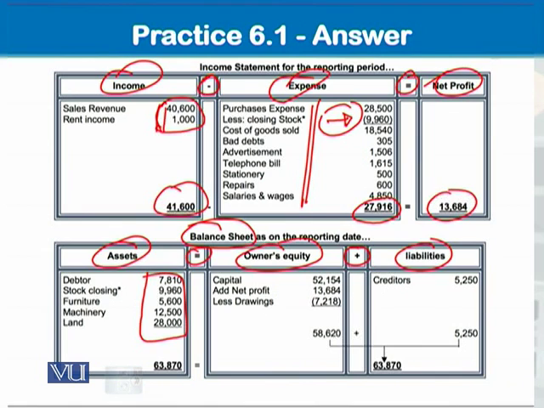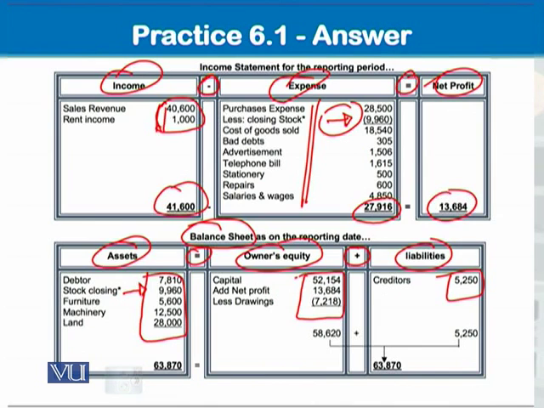So from trial balance, we will put all the assets here. Remember, I have to discuss this closing stock concept a little later. And we place all the owner's equity items under the owner's equity and liability items under the heading liability.